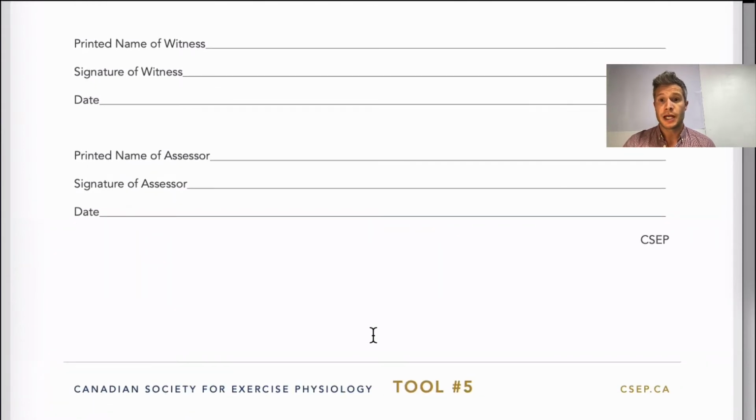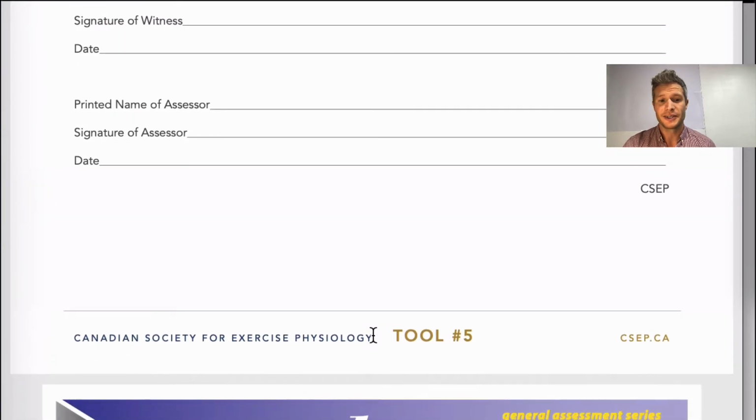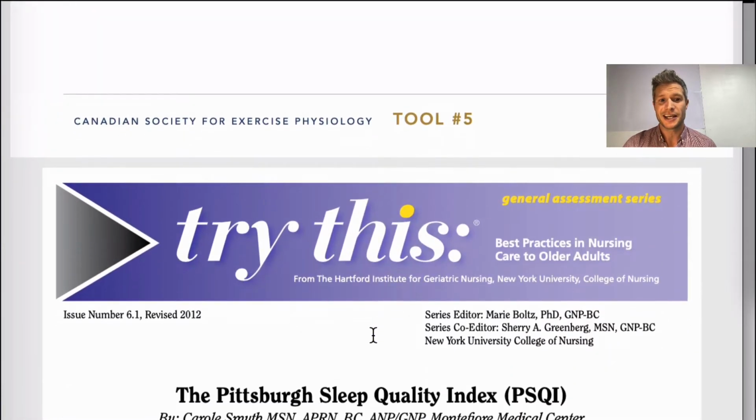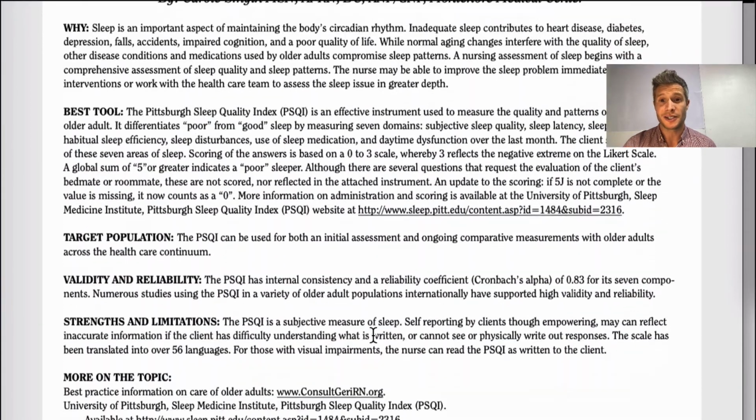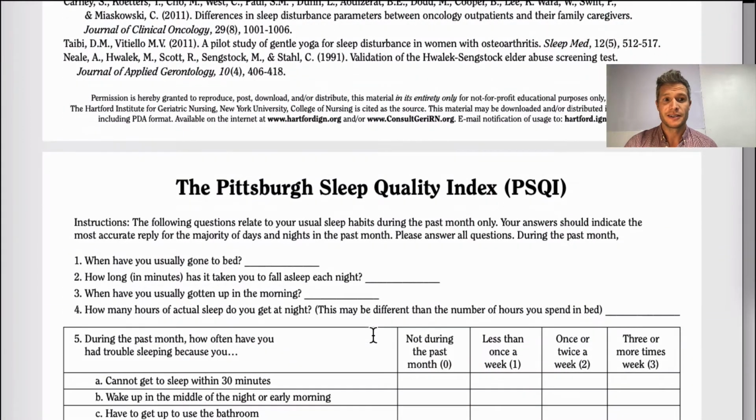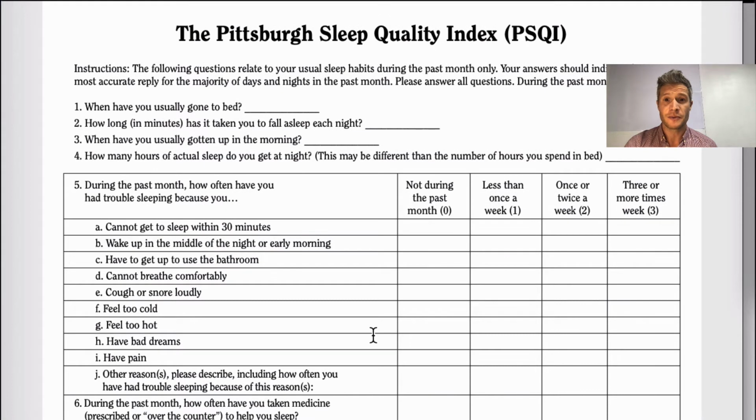So after this, we step outside of the mostly typical assessments that we get for people. We start stepping into the realm of extra ones. So we have a sleep quality index here. Again, just trying to get information. Everyone knows how important sleep is. There's a really well done study that's recently come out that helps illustrate just how important getting enough sleep is.